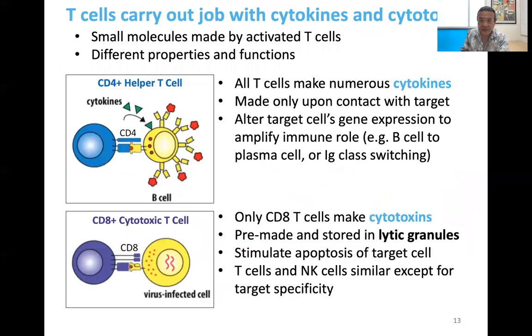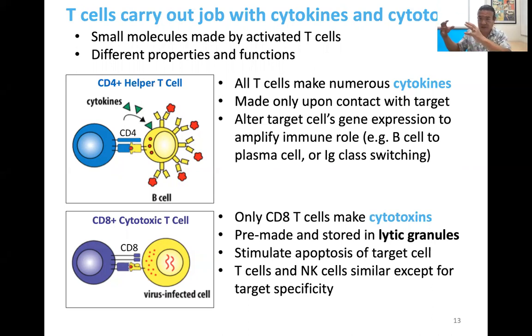Recall that T cells carry out their jobs by associating or synapsing with other target cells. And depending upon what that cell presents, the T cell will send different types of messages over to that target cell. These messages might be helpful messages.